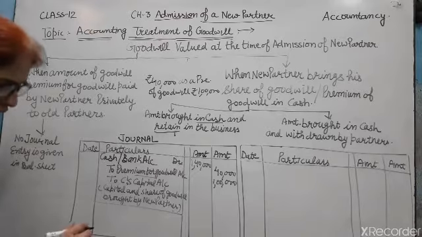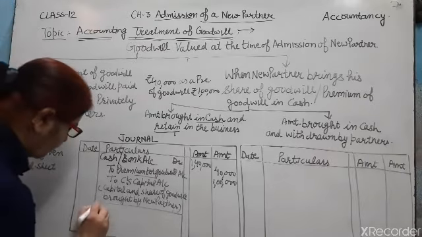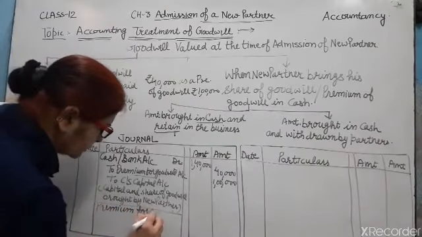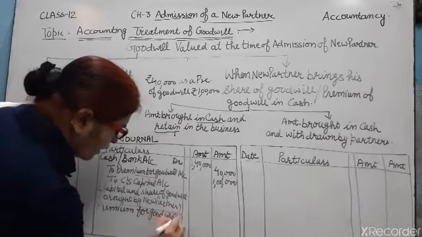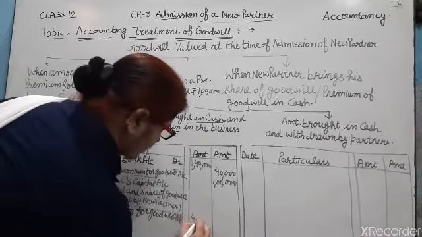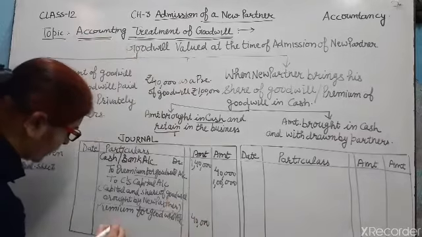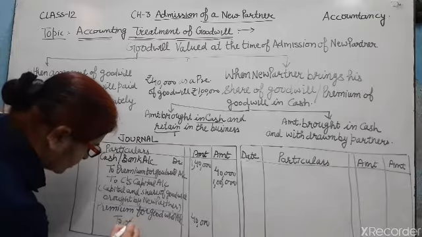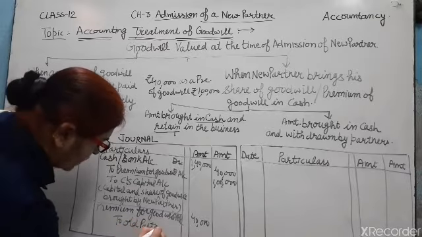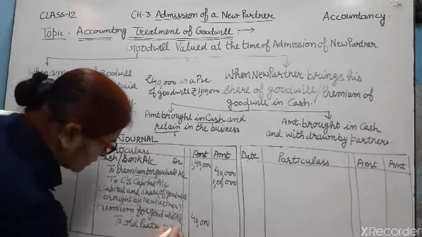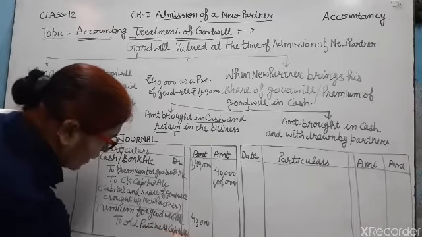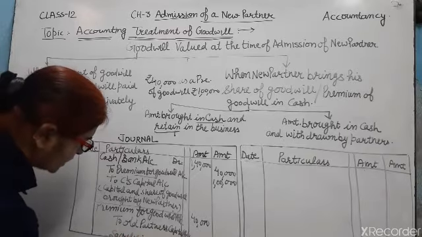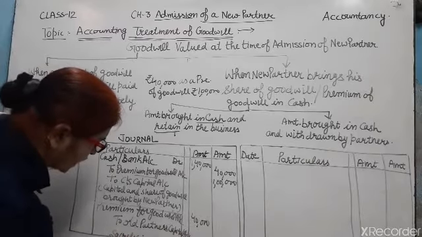So we give the journal entry: premium for goodwill account debit, 40,000, to old partners' capital accounts, in the sacrificing ratio.